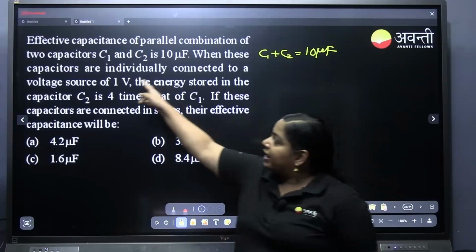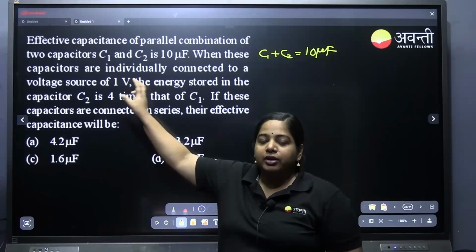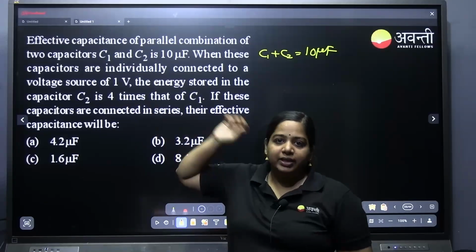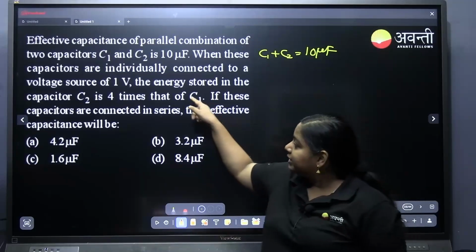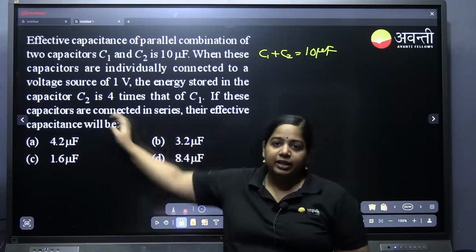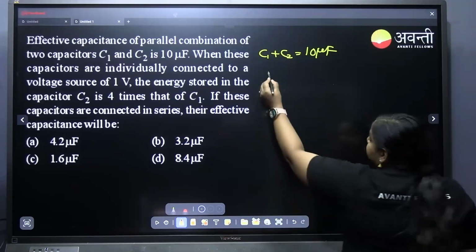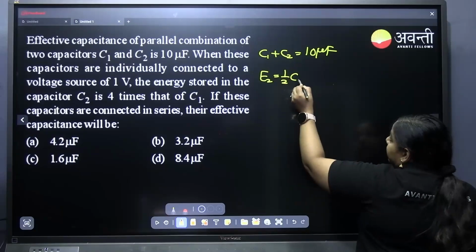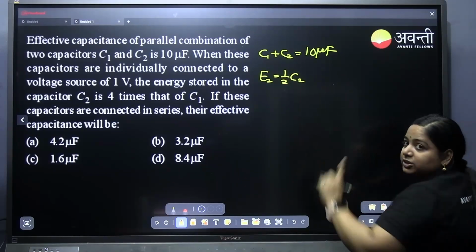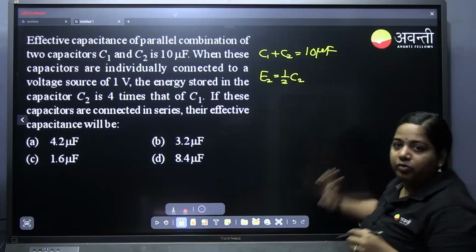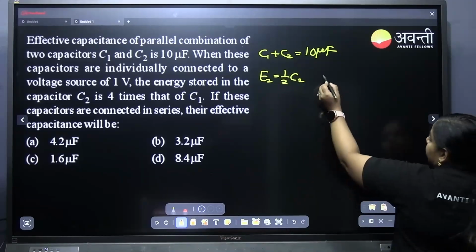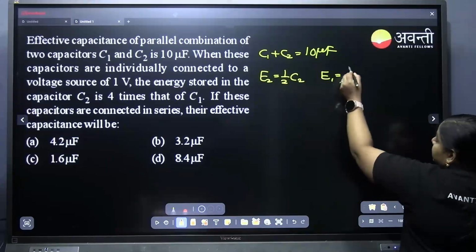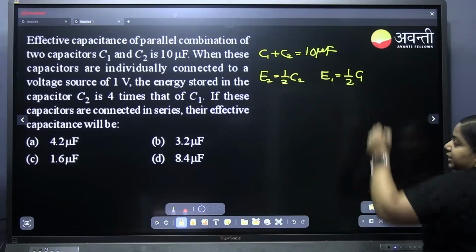Now they are connected separately to 1 volt. When they are connected to 1 volt, some energy will be stored. C1 is having 4 times less than C2. So energy stored in 2 is equal to half C2 V square. V is 1, so we don't have to write that. Half C2. And energy stored in 1 will be equal to half C1.